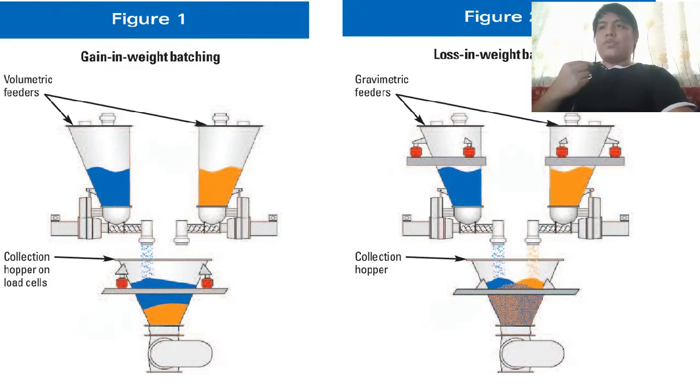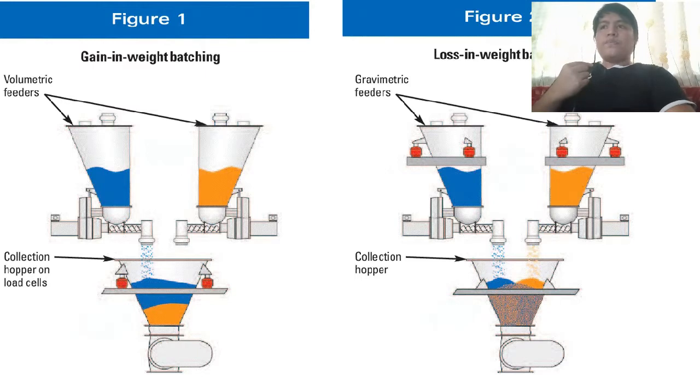After each catch, the user weighs the sample, and if the sample is not right for the ingredient the user wants, the user can adjust the auger speed. He or she adjusts the auger speed until the feeder delivers the correct amount of ingredients into the sample container.